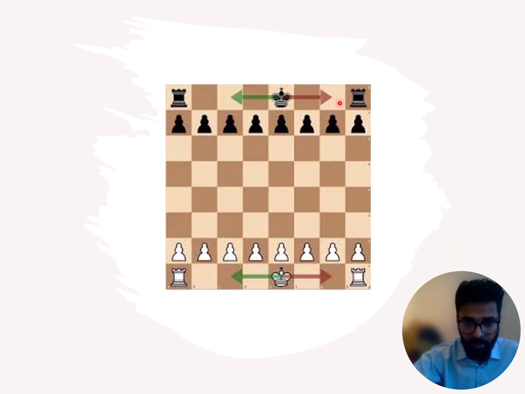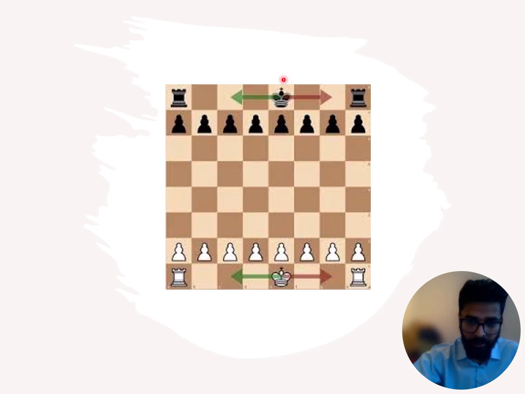For the king over here, it moves 2 squares, and this is called queen side castling because it is going towards the queen file. It will go to this square and the rook will come and jump over it.